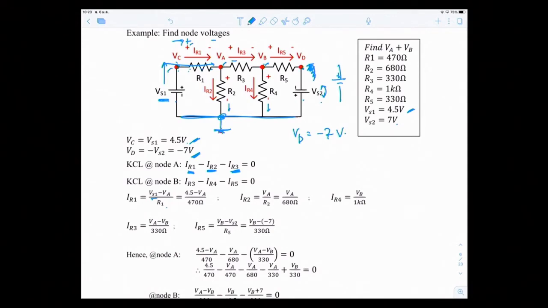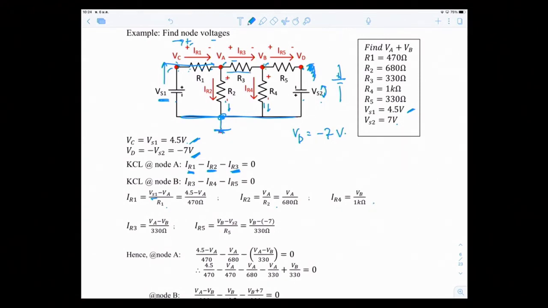IR2, the current across R2: the voltage drop across R2 is simply VA, so VA divided by R2, which is 680. IR4 is the voltage drop across R4, which is simply VB divided by R4.